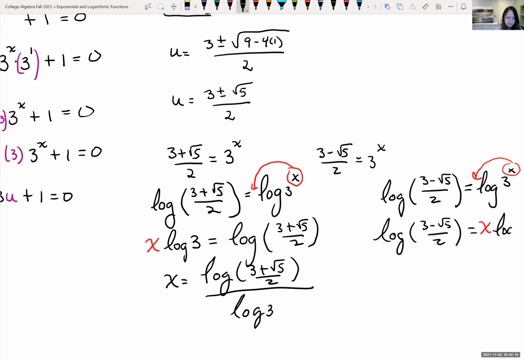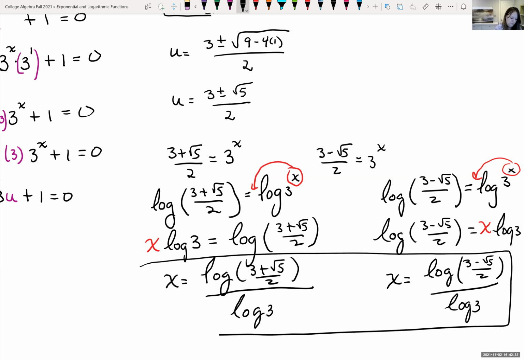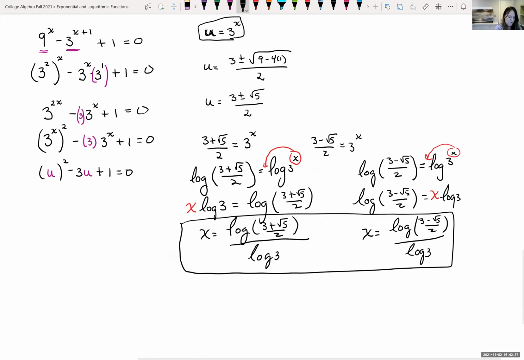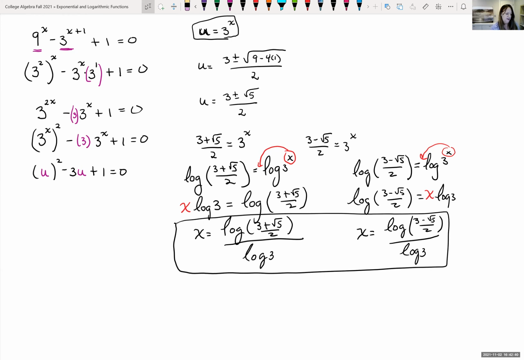Divide both sides by log of 3, and we have our second answer. So x equals log of (3 minus root 5) all over 2, divided by log of 3. So our answers aren't always looking very nice now, but we solved it.